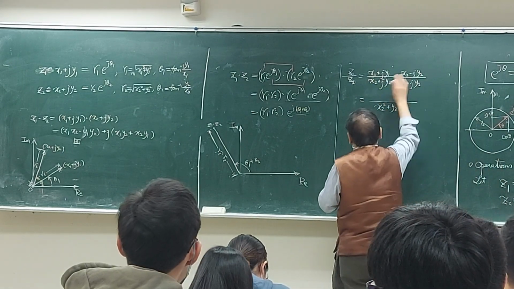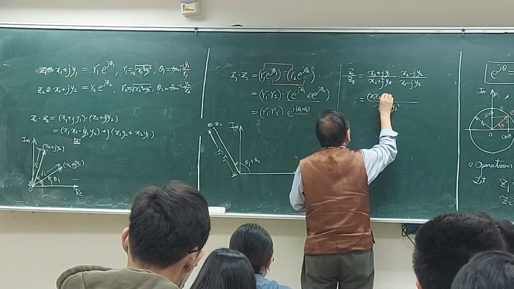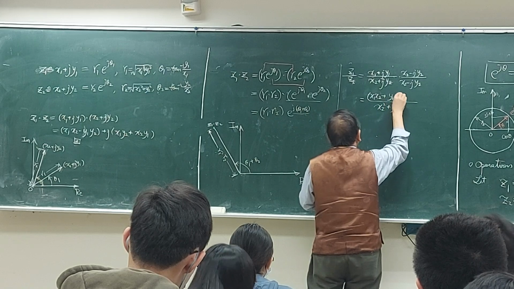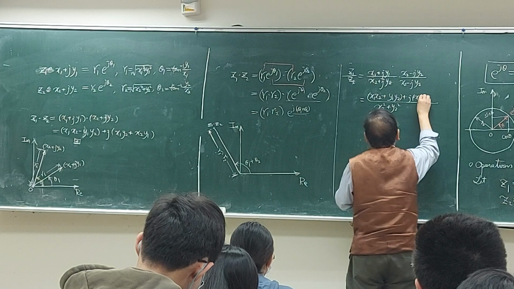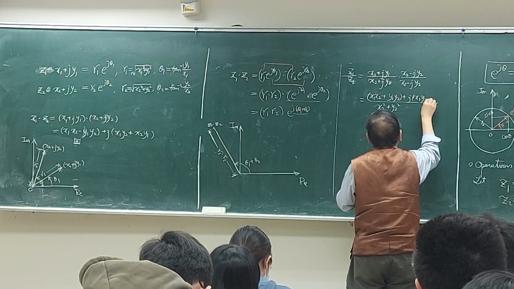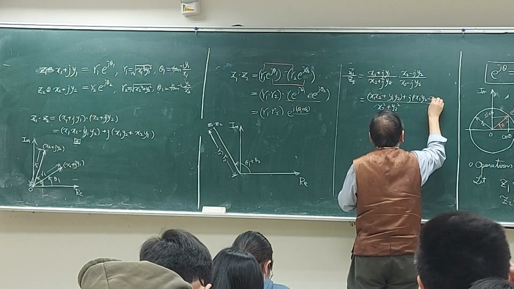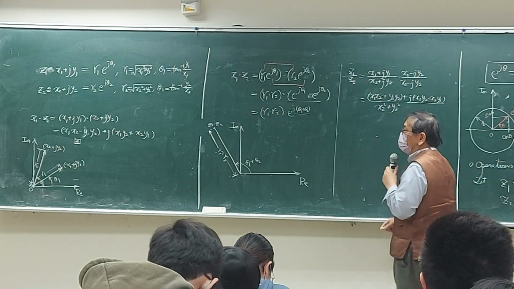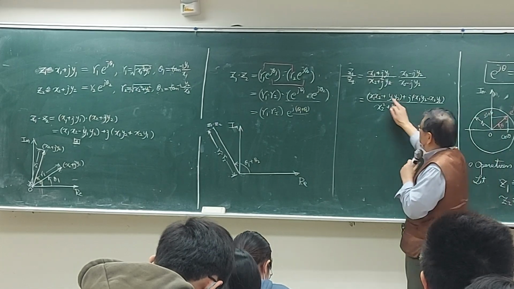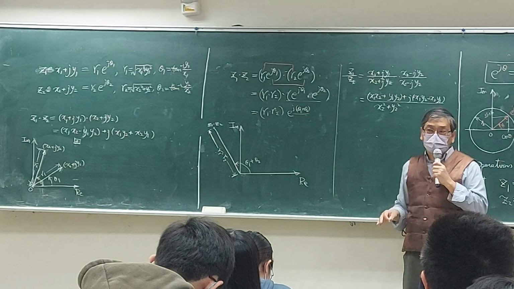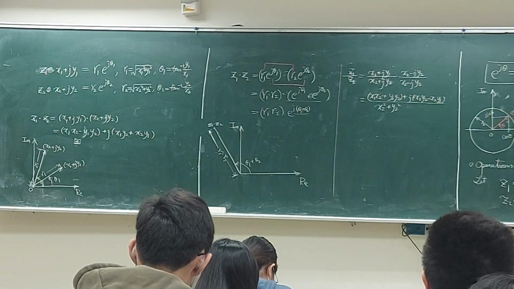And the numerator is simply x1 x2 plus y1 y2 plus j times (x1 y2 minus y1 x2). We try to make the denominator a real number first, and you can simplify this expression from here.